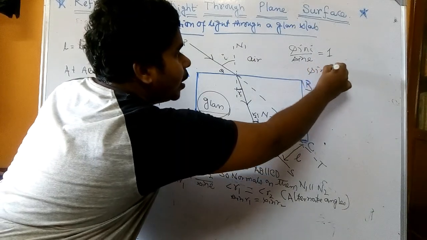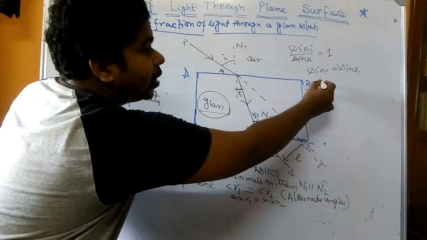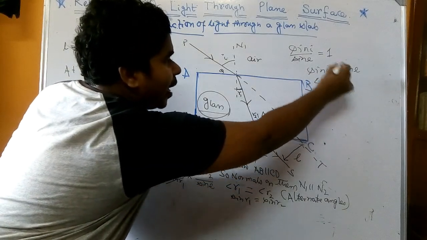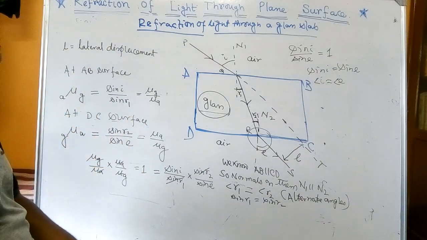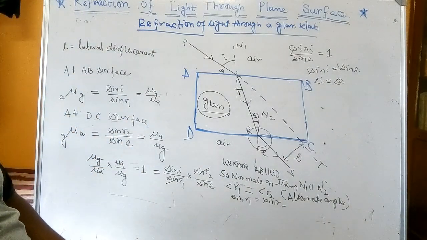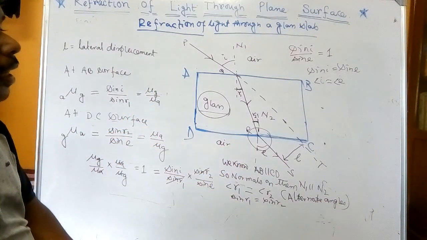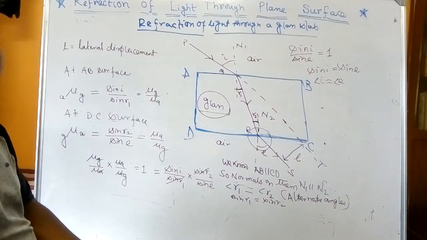So sine I equals sine E, and if I take out sine, angle I equals angle E. So in the case of refraction through a glass slab, the angle of incidence should be equal to the angle of emergence.